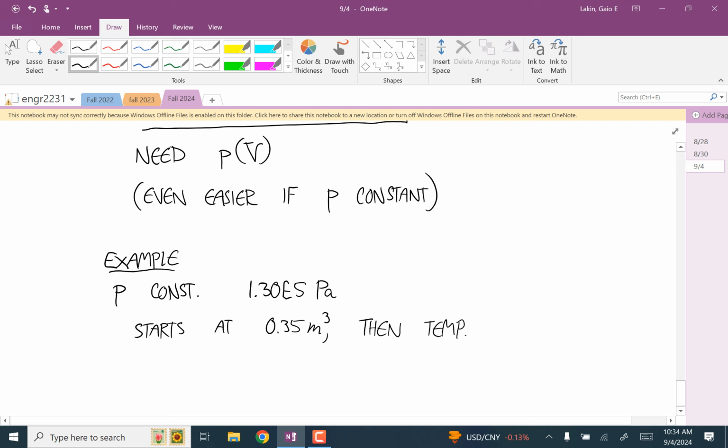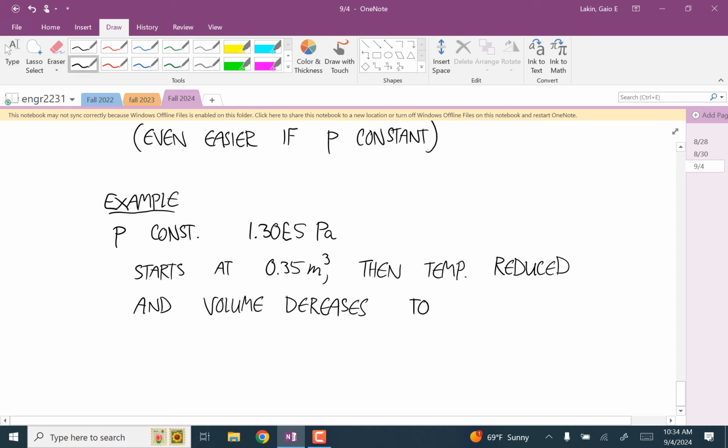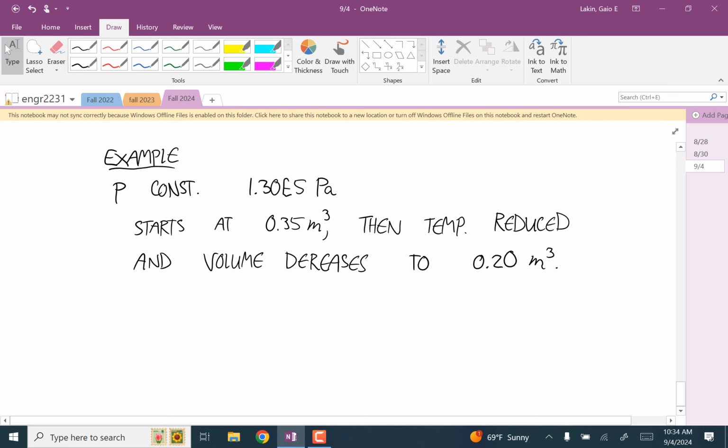Then the temperature is reduced, and as a result, the volume decreases to 0.20 cubic meters. So first, let's calculate the work of expansion.